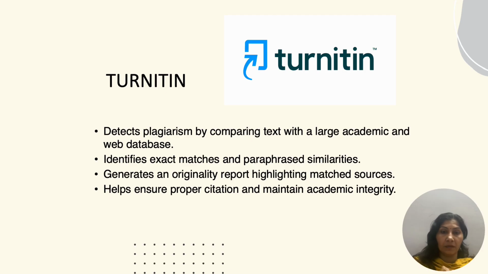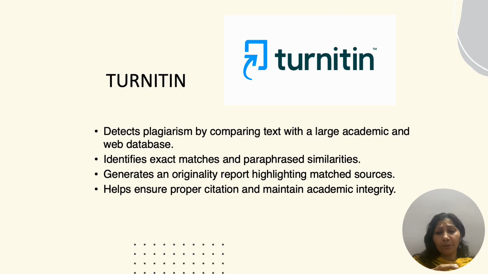and it will compare the submitted text against a vast database of academic papers, journals, and websites. It identifies the similarities, including exact matches and paraphrased content, ensuring your paper has originality and encouraging proper citations.